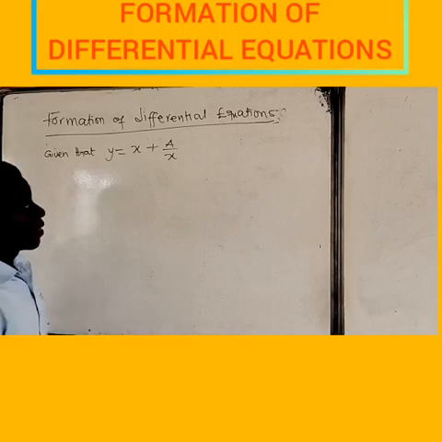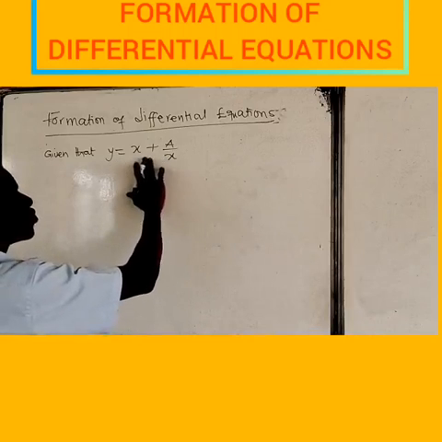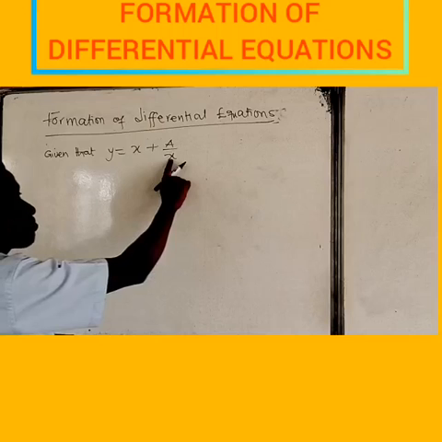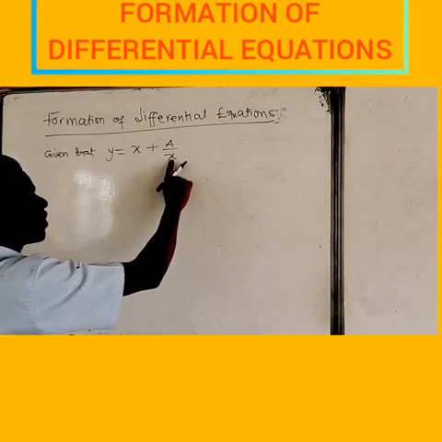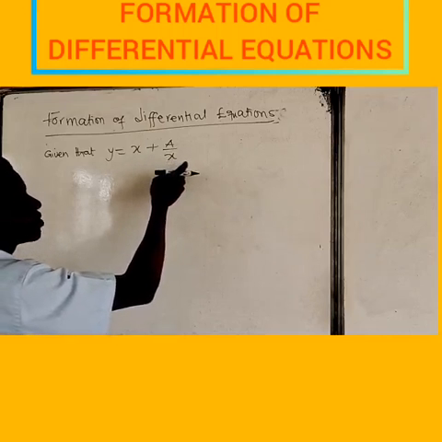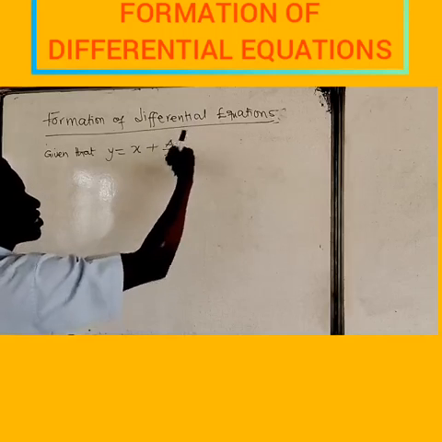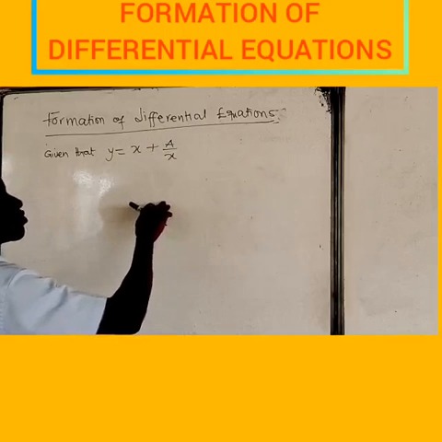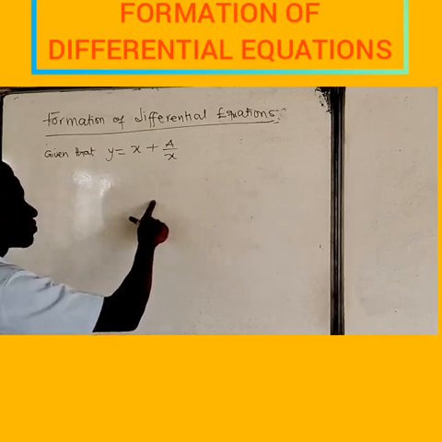Okay, but to proceed, we have this expression on the right. We have the variable x in the denominator, dividing a. So before we differentiate, we have to reciprocate the x so that it will appear in a horizontal form, so that there will be no fraction.